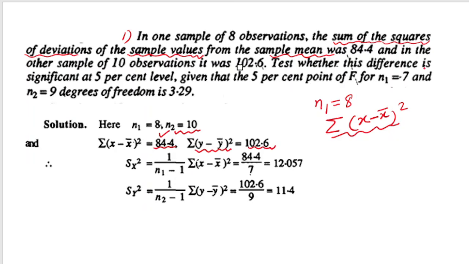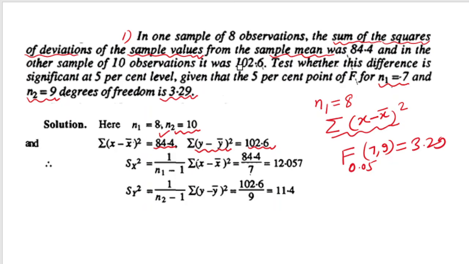Test whether this difference is significant at 5% level, given that the 5% point of F for n1 equal to 7 and n2 equal to 9 degrees of freedom is 3.29. It is already given. So nu1 is 8 minus 1, that is 7, and nu2 is 10 minus 1, that is 9 degrees of freedom, and the value at 5% level of significance is 3.29.